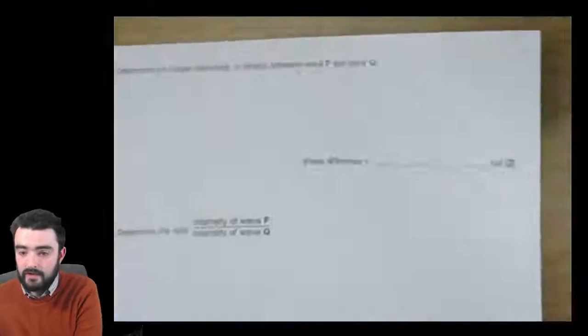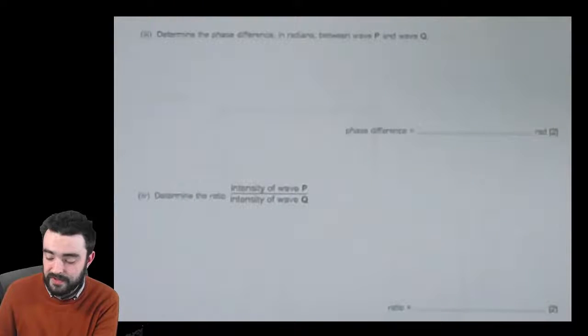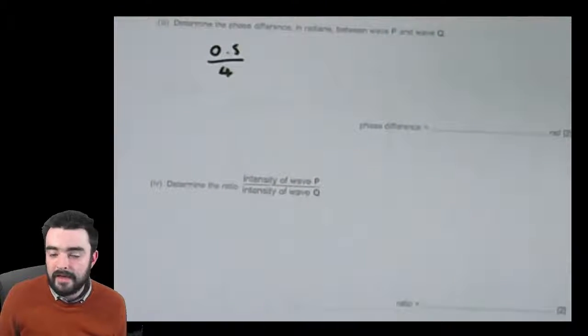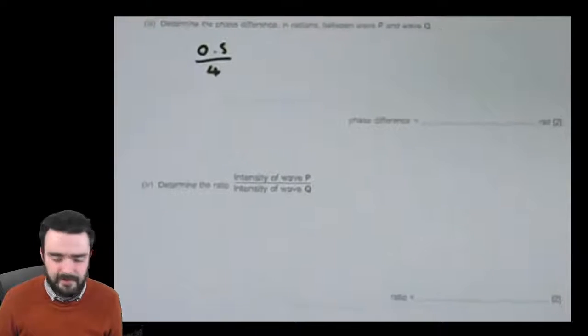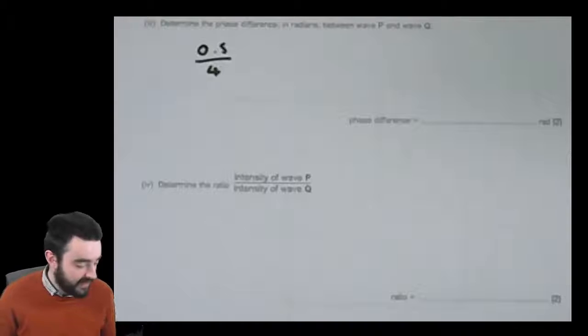So we knew that the total wavelength was 4 and the difference between those two was 0.5. So we could say that 0.5 divided by 4, or 1/8, is going to be the fractional difference in phase. But we need to identify it in radians.